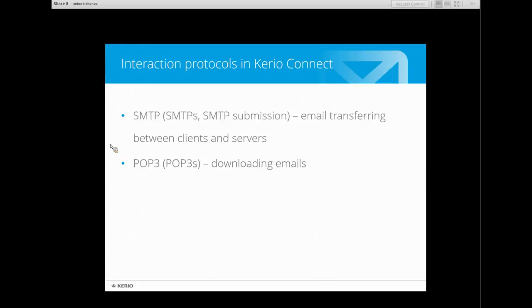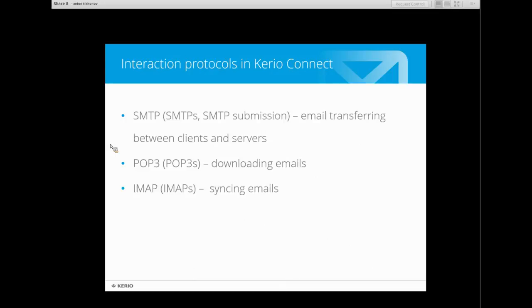The second protocol is the POP3 protocol, which is suited only for downloading emails from the server to the client and allowing you to operate with the email data in offline mode. Of course, we support an unencrypted as well as encrypted version of this protocol. Actually, all protocols that we support in Kerio Connect are supported in encrypted as well as unencrypted modes.